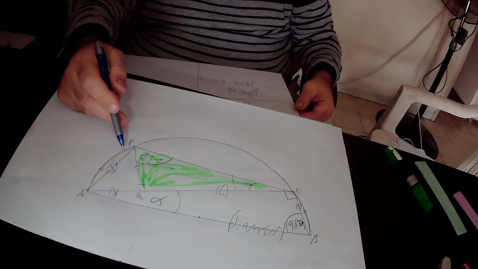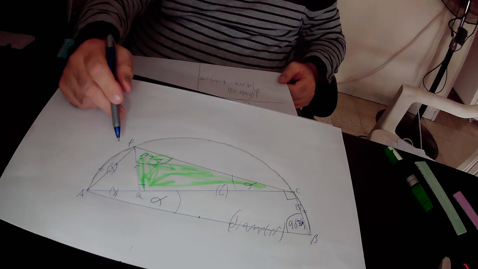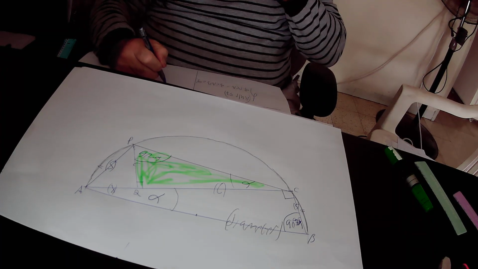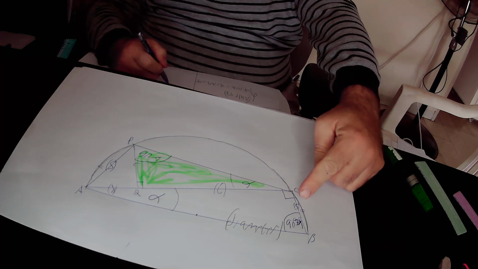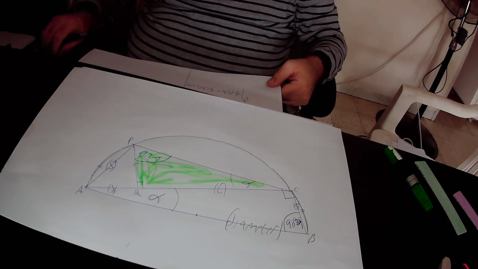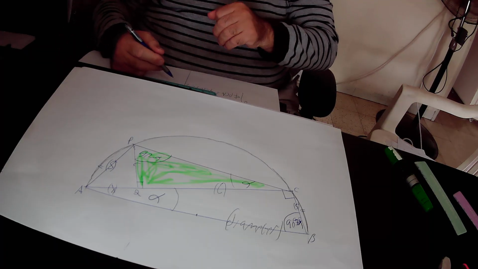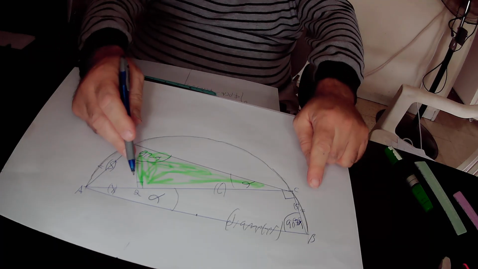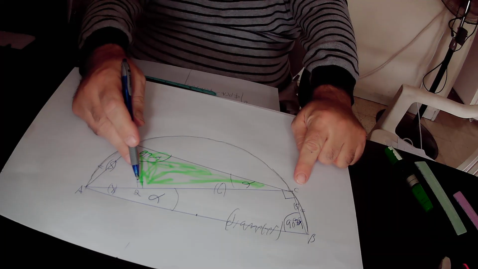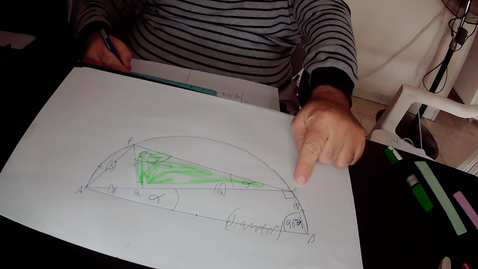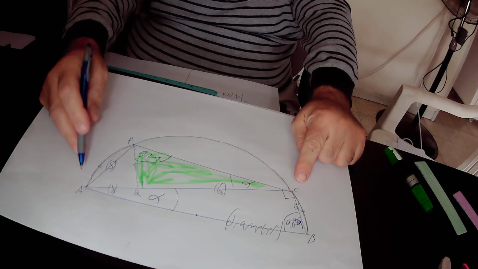PQ is the missing side, so PQ over CB, which is 5, equals QC, which is 6 units according to what is given in the question, over AC.